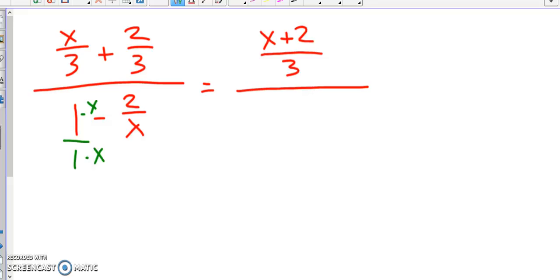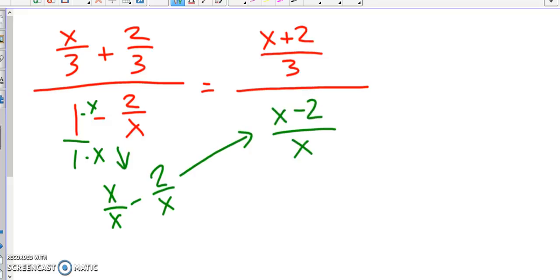So then I'd have x over x minus 2 over x, which would then be x minus 2 over x. And at this point, you probably recognize this as the same problem as the very first one we did in the section.